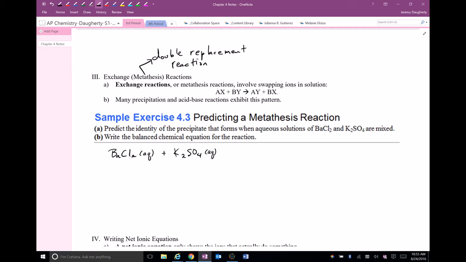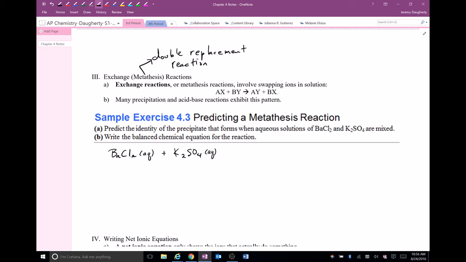In other words, barium chloride mixed with potassium sulfate forms barium chloride and potassium sulfate, right? If that were true, would it actually be a chemical reaction? No. So that's not a good possibility for the products. The second option is for the barium to get with the potassium and the chloride to get with the sulfate. Is that a good option?